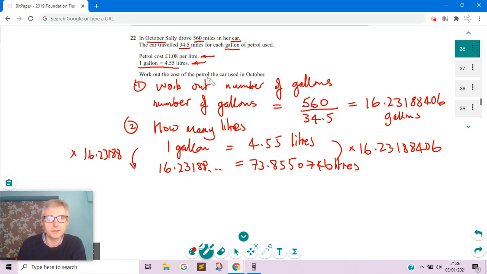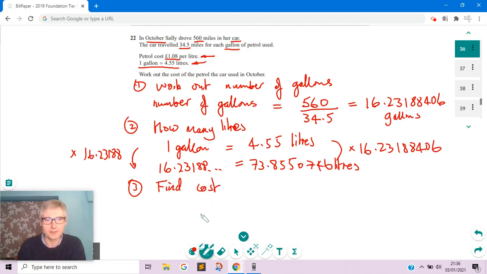And then finally, we can work out the cost, because we're given the cost per litre. Petrol costs £1.08 per litre. So the third step is we can find the cost.